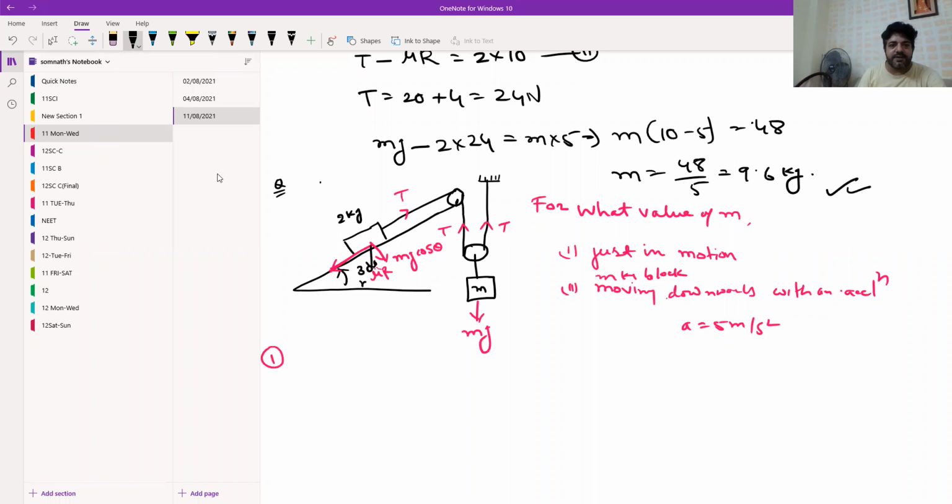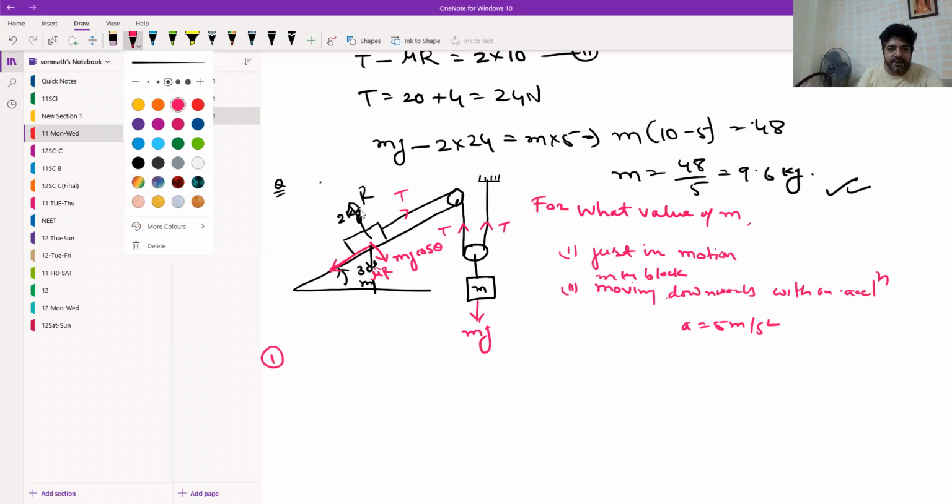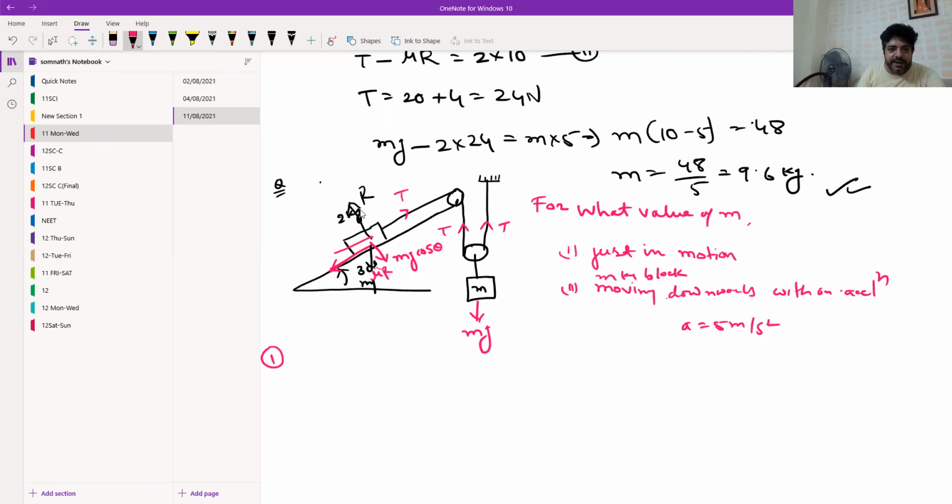This is my normal reaction, and here the extra force due to the inclined plane is 2g sine theta. Hope you remember all these things, and theta is 30 degrees.